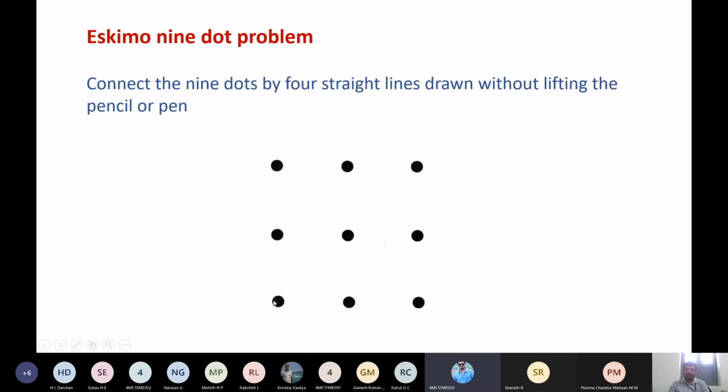Okay, so you are starting from here. First you draw like this, next towards the upside, like 6, 3, 2, 1.